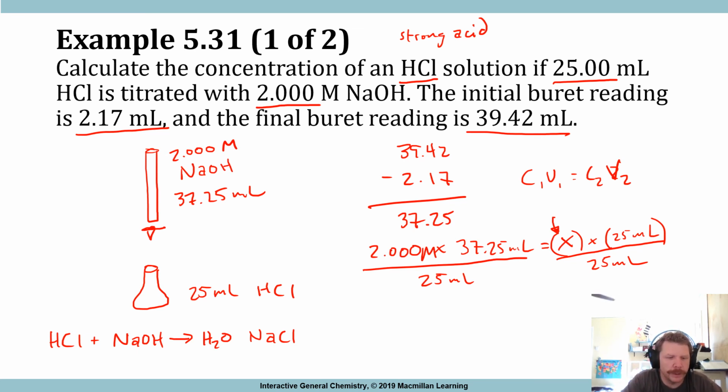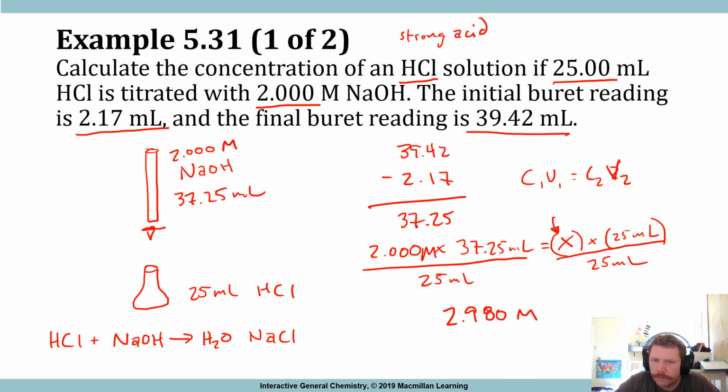So I'm going to say 0.2000 times 37.25 divided by 25 equals 0.298 molar. Actually, I forgot one significant figure here: 0.2980 molar.